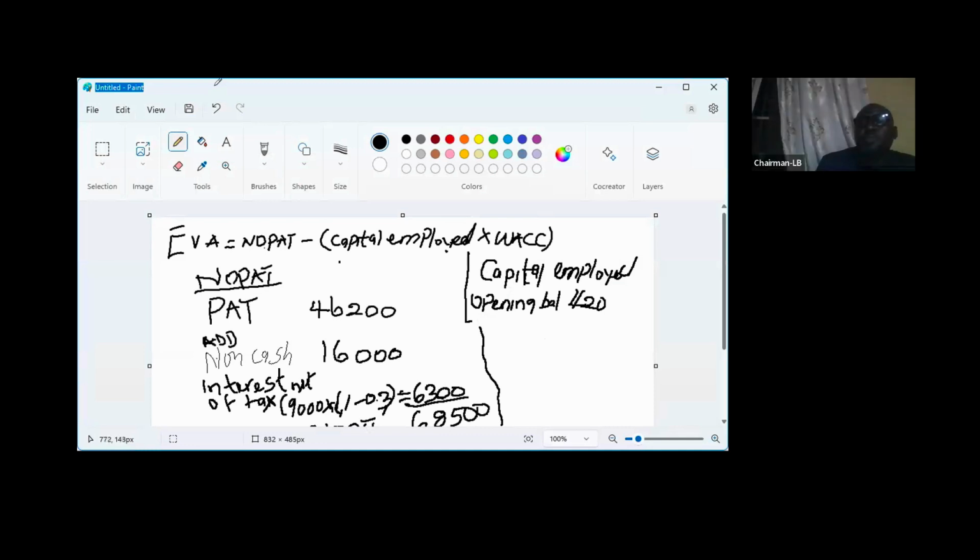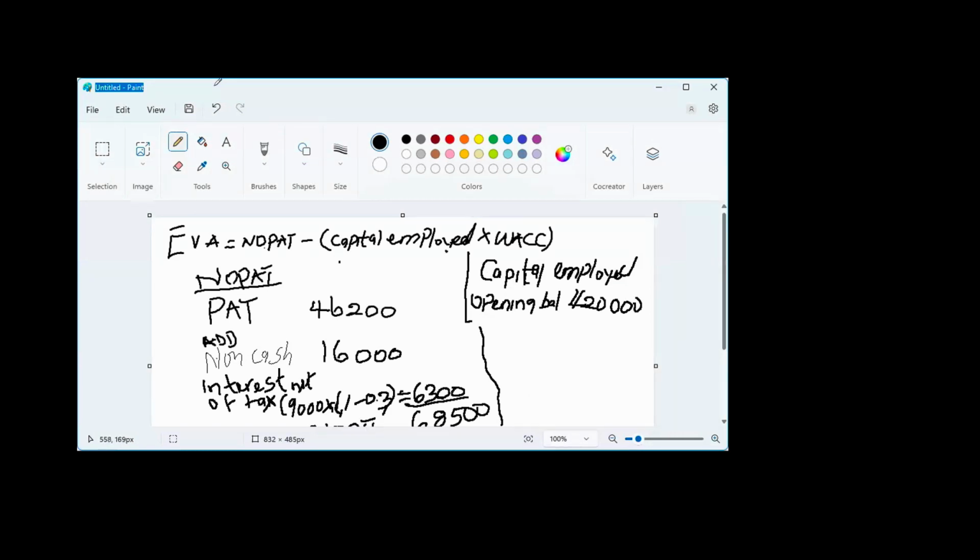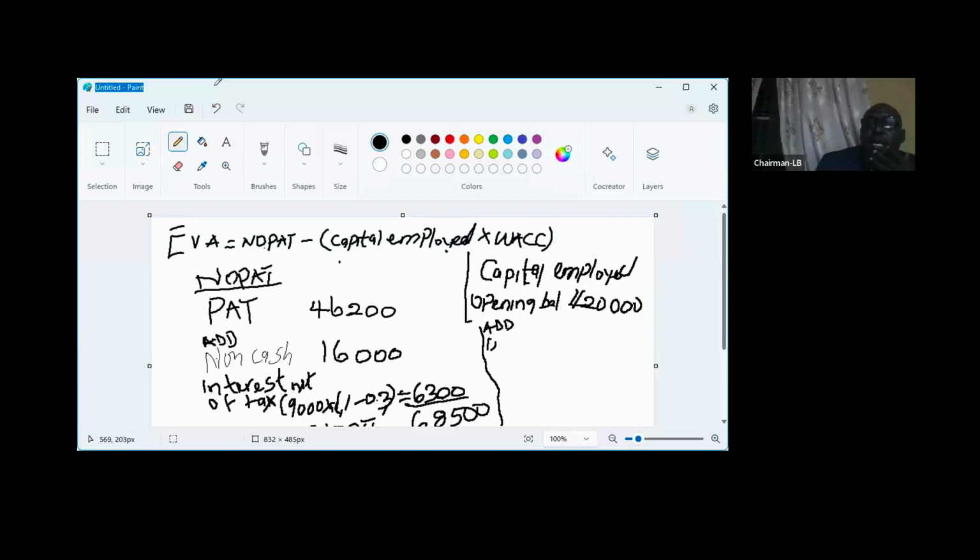20 million. I will take 20,000, assuming 30 is up. Add lease assets. We have lease assets. That is capitalized.